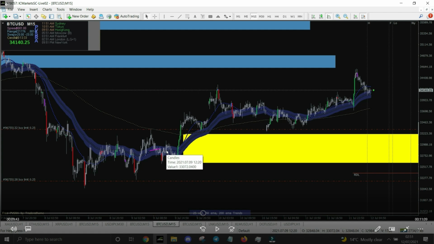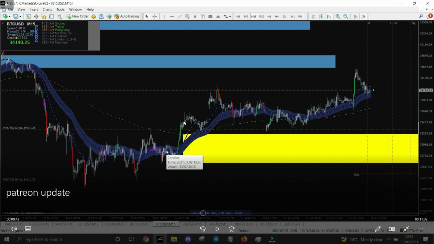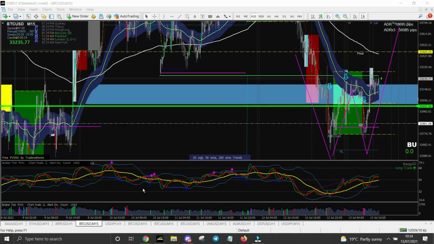Wonderful. Okay, so this is what's important. Looking at this previous zone itself, we're able to understand something.